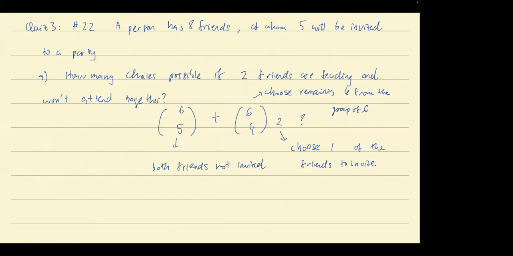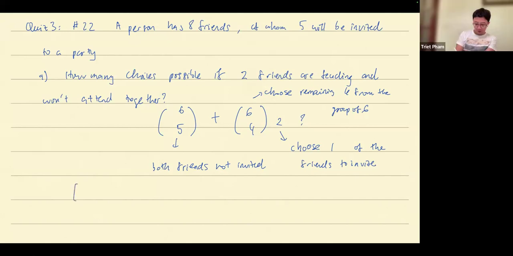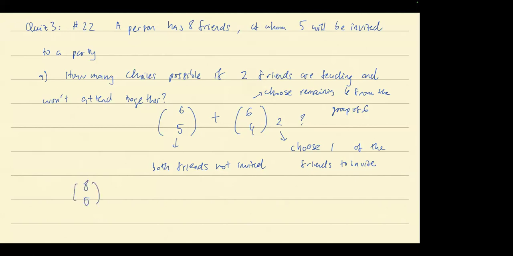I thought you'd get the total number with choosing 5, and then you could get the number of combinations with the friends included.